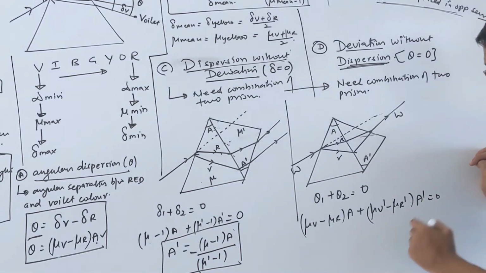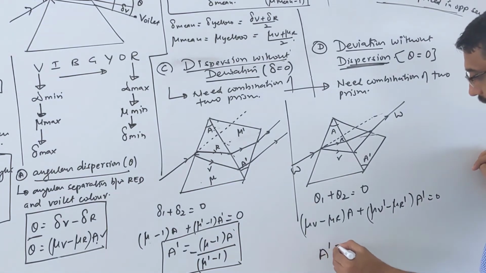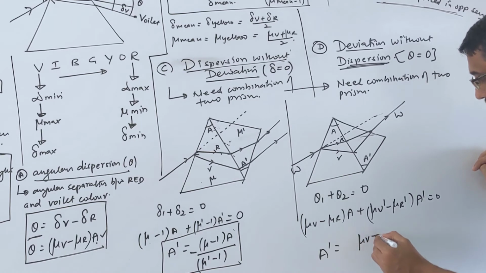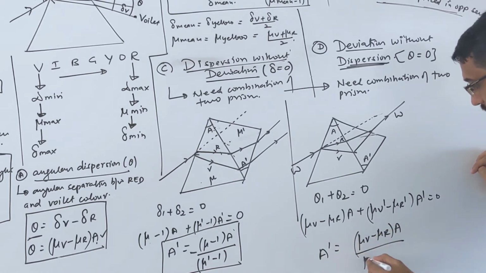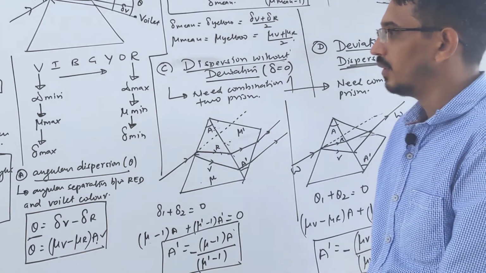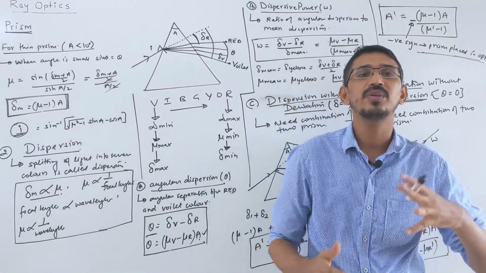We want to calculate this. A dash should be equal to mu violet minus mu red into A divided by mu violet dash minus mu red dash, and a negative sign here again. This is your deviation without dispersion.